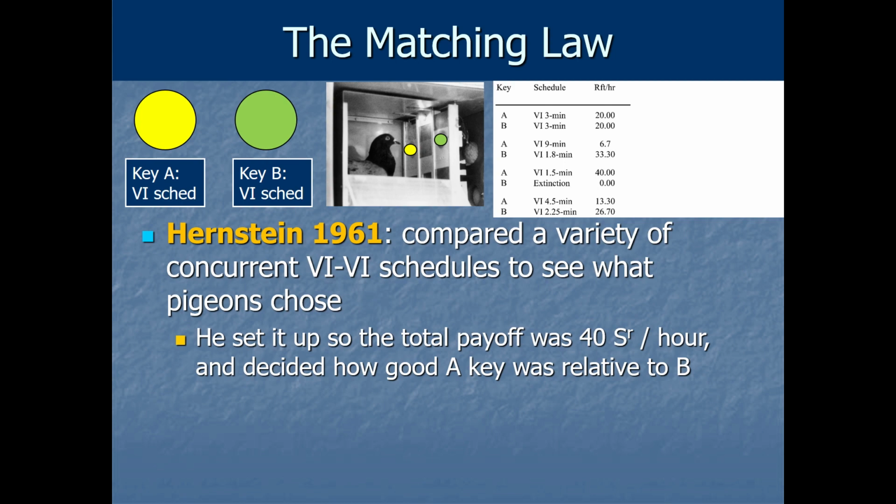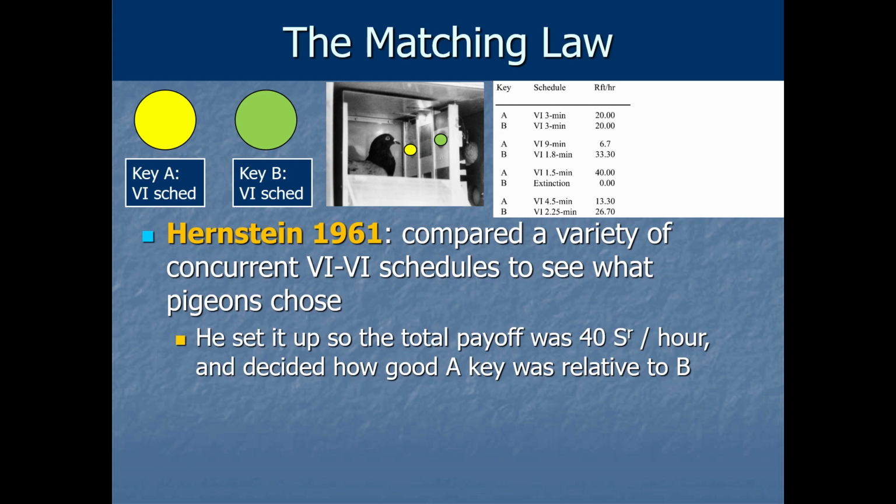So, for example, looking at the top comparison of A and B, there's a VI 3-minute schedule with another VI 3-minute schedule. So they have the choice: which of these two buttons should I push? One's on a VI 3-minute, one's on a VI 3-minute. On each schedule, you can get a maximum of 20 reinforcers per hour, or at least on average, that's what it comes out to, right?